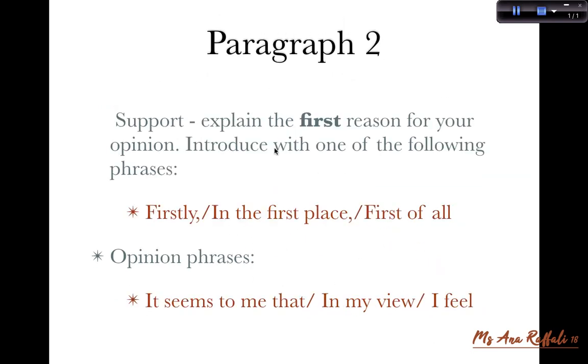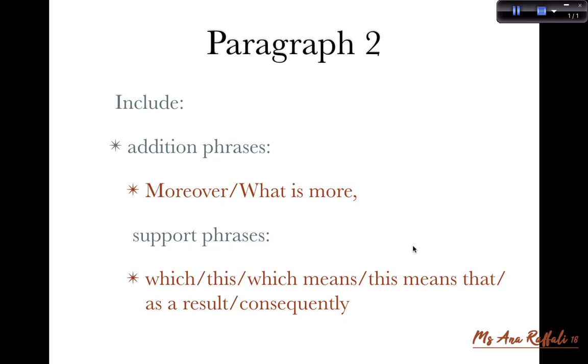For paragraph 2, where you explain your first reason for your opinion, whether you agree or disagree, you can introduce your paragraph with one of the following phrases. Firstly, in the first place, or first of all, and do include opinion phrases such as it seems to me that, in my view, I feel. All of these are important so that you have language that is suitable to make your article sound more formal.